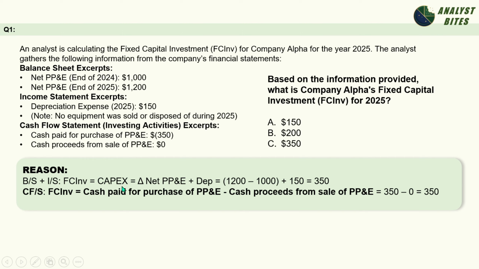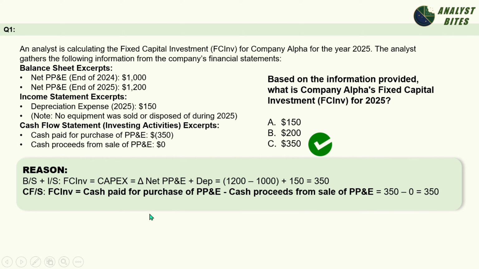So in this case, fixed capital investment simply equals the CapEx, which is the change of net PP&E plus depreciation. So the calculation is 1,200 minus 1,000 plus 150, which gives us 350.